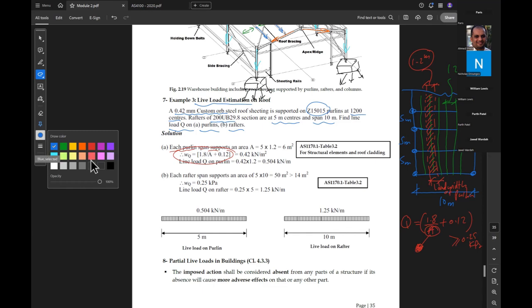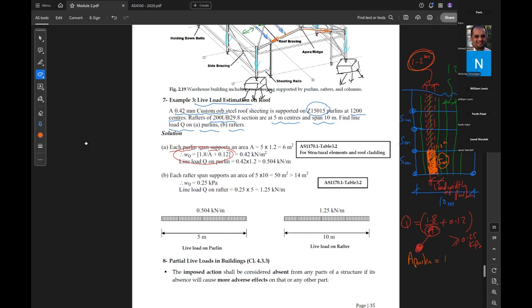A for a purlin, because we consider a purlin as simply supported, is the area of one purlin. What is the area of one purlin? 5 times 1.2. 5 is the span, and 1.2 is the load width.